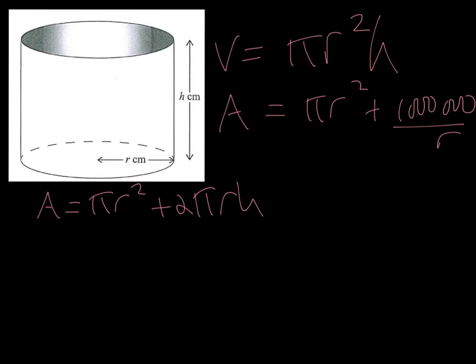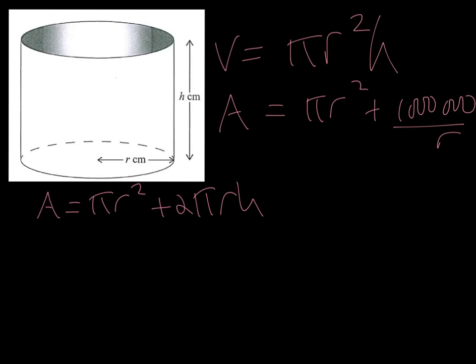Well, we have already found that the formula for the volume is pi r squared h, and we know what the volume is. We've been told that the volume is equal to 0.5 meters cubed, which we said was 500,000 centimeters cubed.